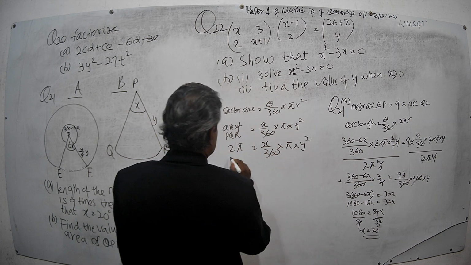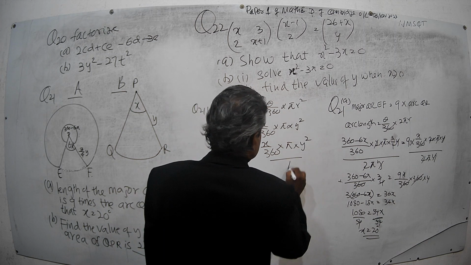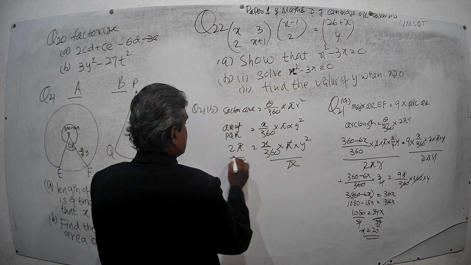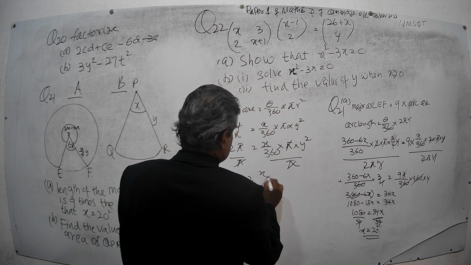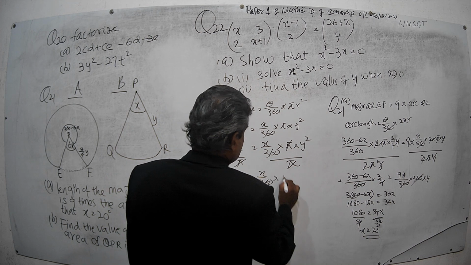Therefore, divide both sides by pi. Pi gets cancelled. What is left is 2 equals x over 360 times y squared.